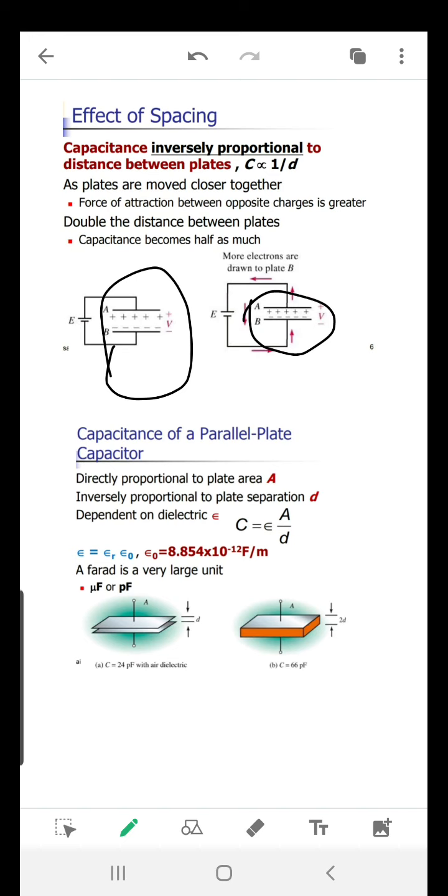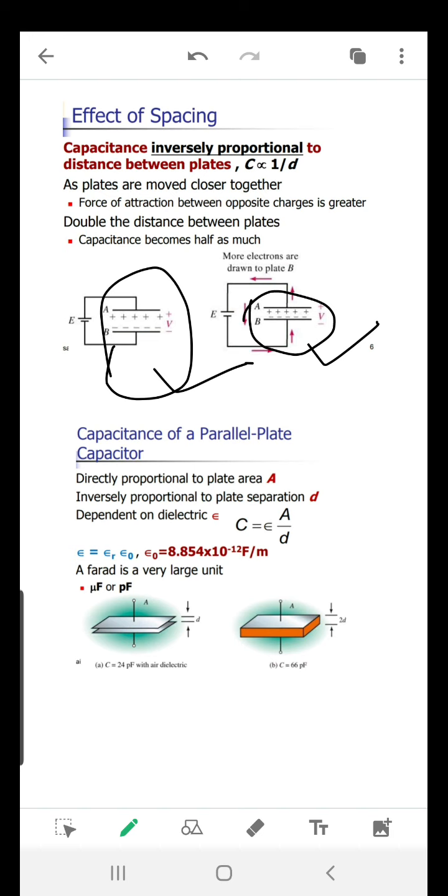The capacitance is inversely proportional to the distance between the plates. As the plates move close together, the force of attraction between the opposite charges will be greater, and if you double the distance of the plates, the capacitance will become half. That means when the distance between two dielectric plates is less, then more charge will flow. If the distance between two plates is more, then the flow of charge is less.